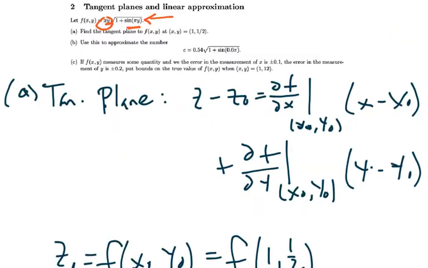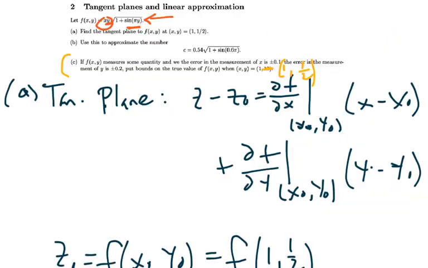Okay. So there's one more step to this problem. If f of x, y measures some quantity, and we make the error in the measurement of x plus or minus 0.1, and the error in the measurement of y plus or minus 0.2, we want to put bounds on the true value of f of x, y at the point 1, 1/2.